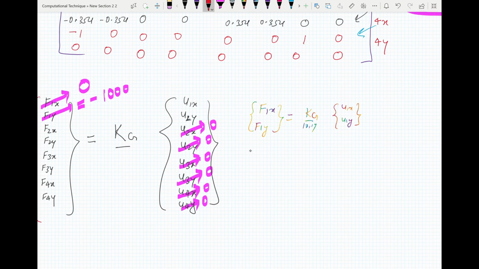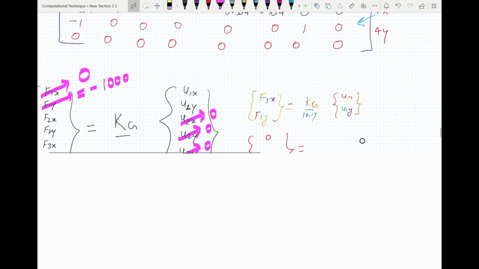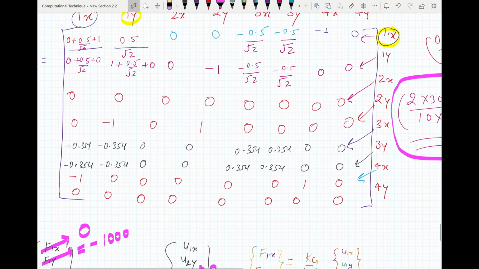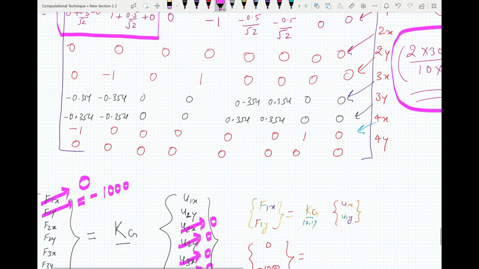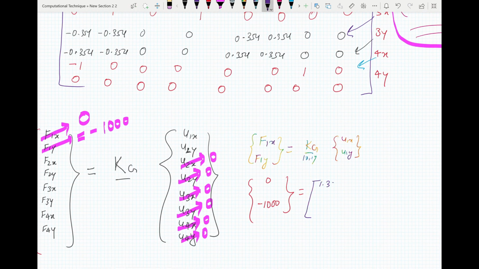Now here, this will be equal to 0, this will be equal to minus 1000, and your Kg, your stiffness matrix for this case, for 1x and 1y, we just have to look into this matrix here. So what we get from there is 1.354, 0.354, 0.354, and 1.354 into U1x and U1y.